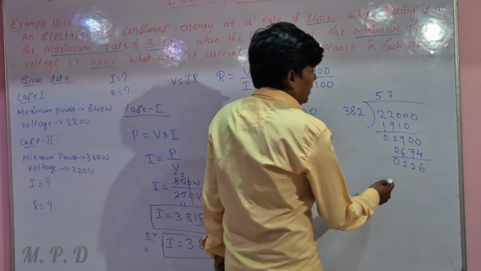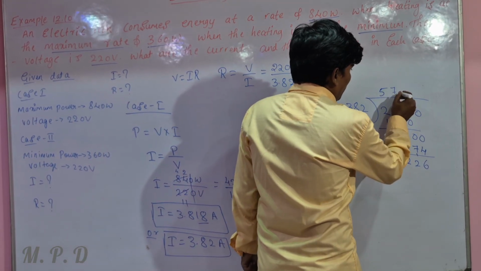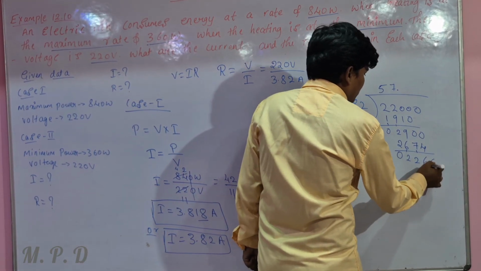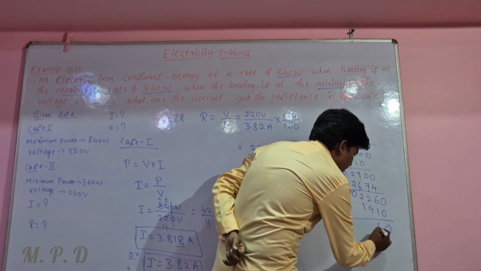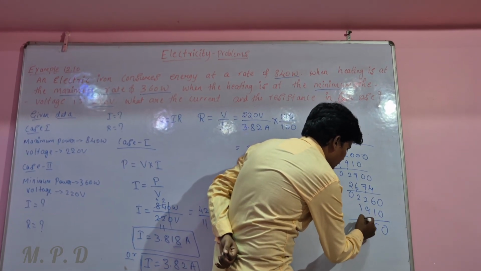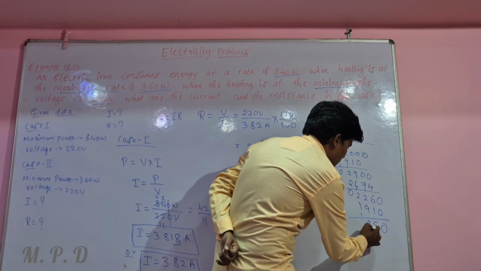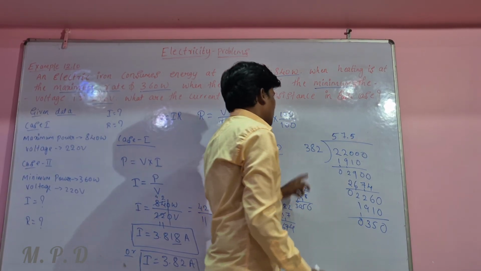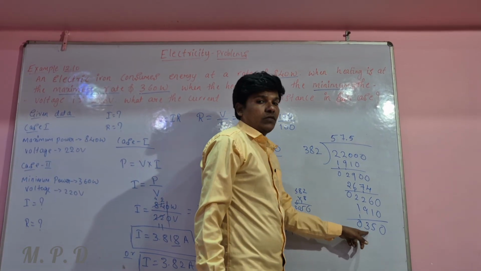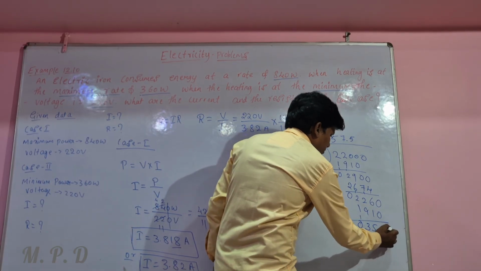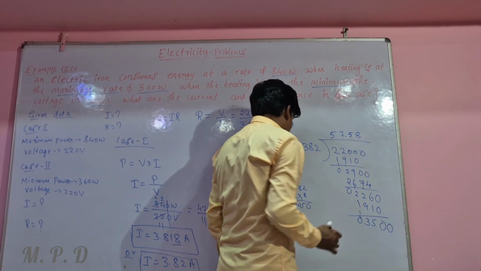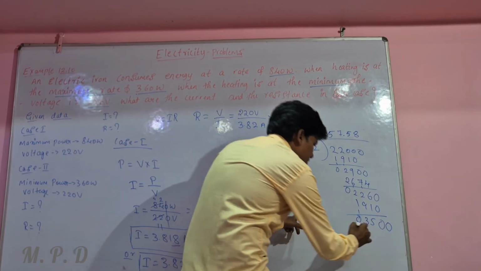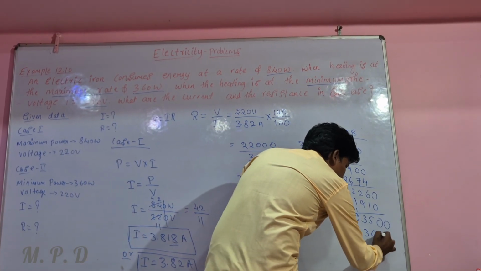That's why we add a point here and a 0 here. So 0, 6 minus 1 is 5, and 2 minus 1 is 1, giving 350. In the 382 table we don't have 350, so we add a 0 here, and 382 eights are 3056.